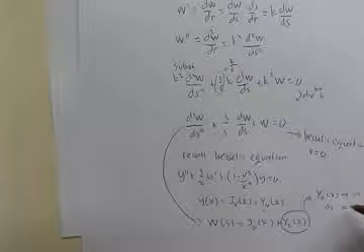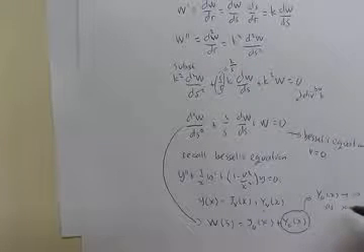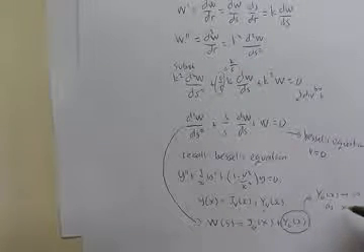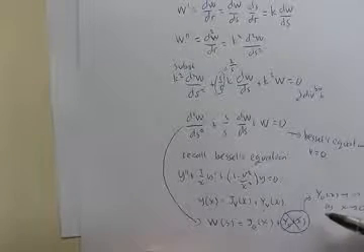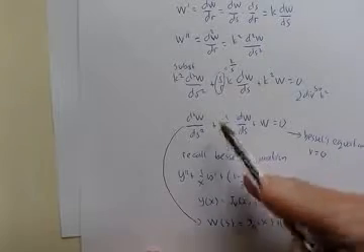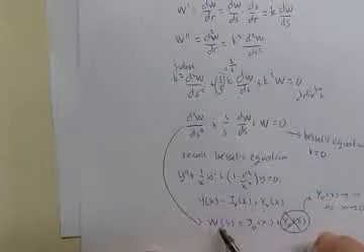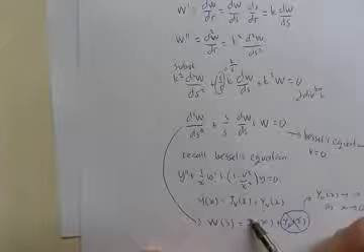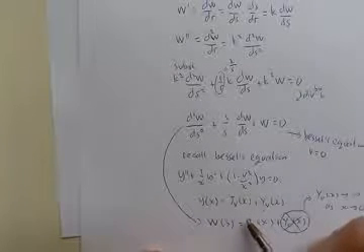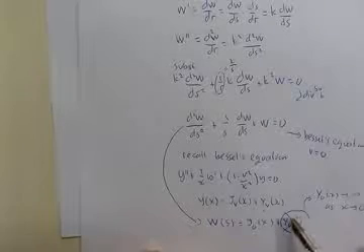Because this membrane deals with finite values, we leave this out. So the solution of this ODE becomes w of s equal to the Bessel function of the first kind, and we leave out the second kind.